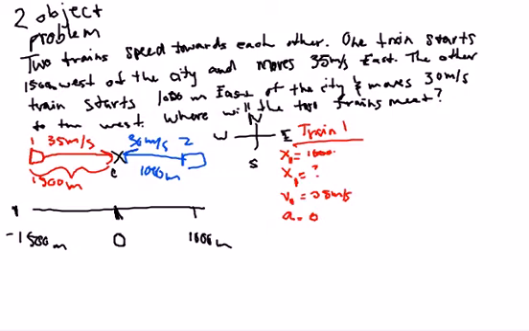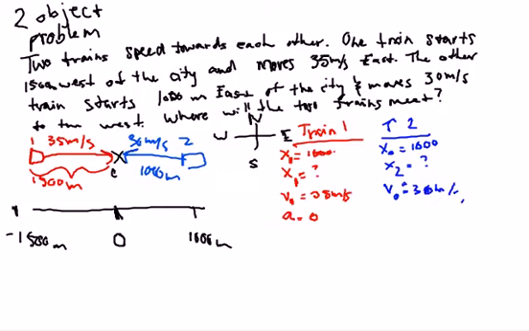Then we have train 2. We know its initial position is positive 1,000. We know its position x2, well, we want to find it. We know its initial velocity of 30 meters per second, and in this case, since it's moving to the left, that would be a negative 30 meters per second.